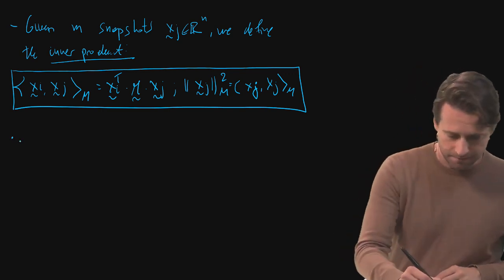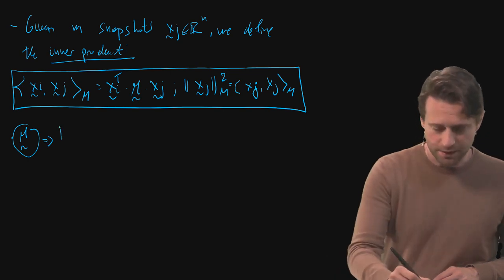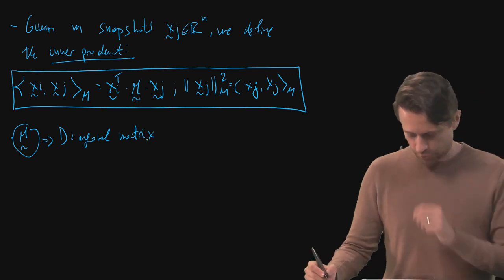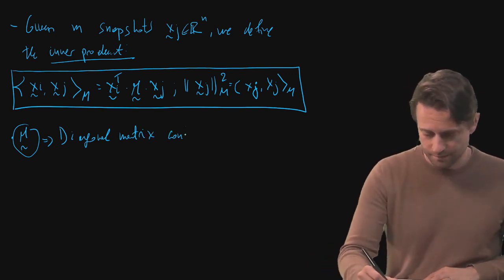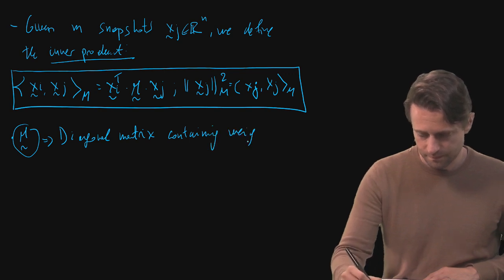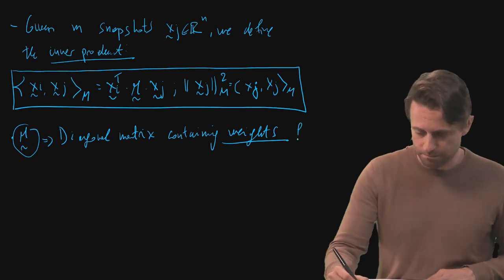Now, having defined the inner product, we need to talk about M, this mass matrix. Okay, so M is a diagonal matrix containing the weights for non-uniform meshes.